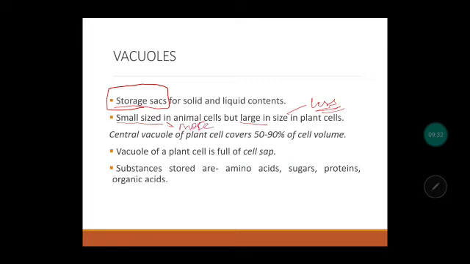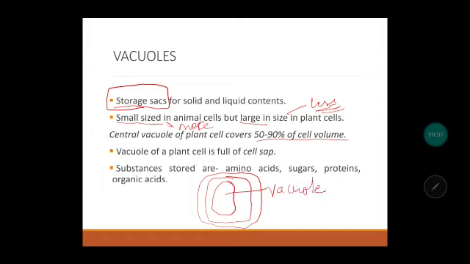Now in plant cells, most of the cell is covered by this vacuole only. So 50 to 90% of cell volume is taken by this vacuole. So for example, I draw a plant cell. We will look into it in the next lecture. So if this is the plant cell, see, maximum space is occupied by the vacuole.